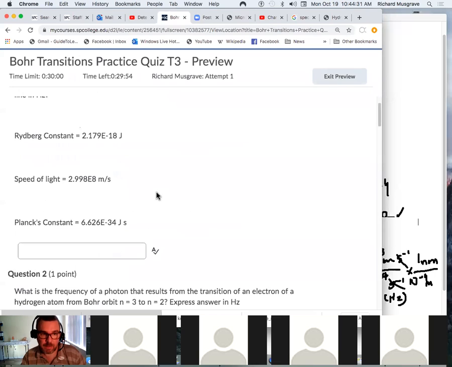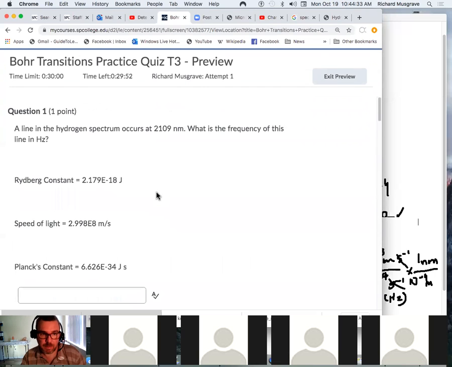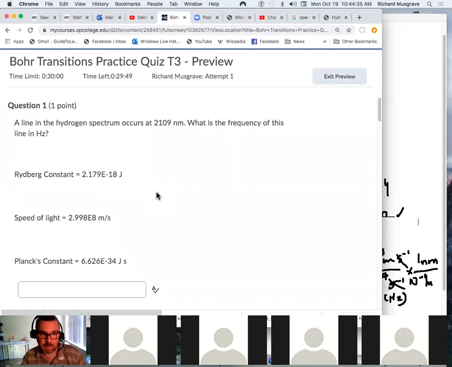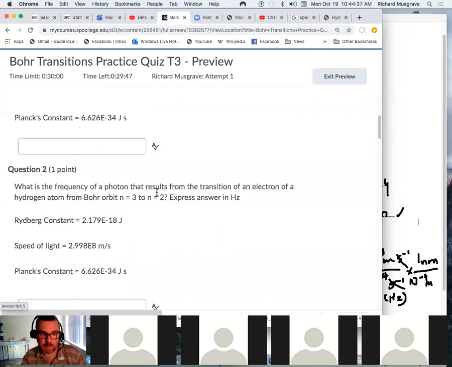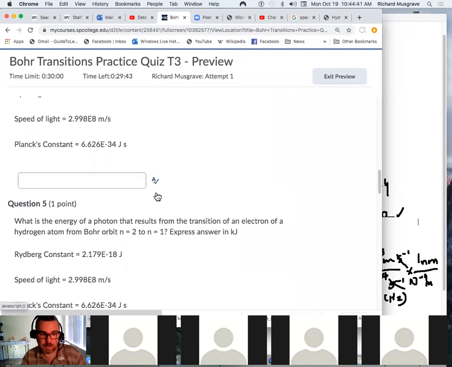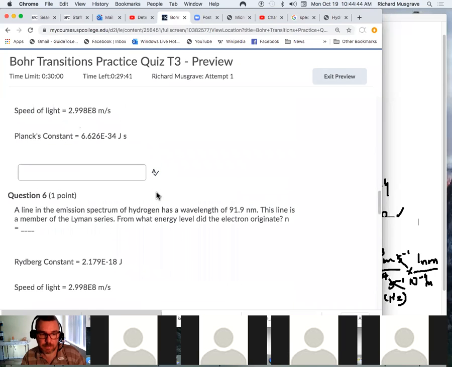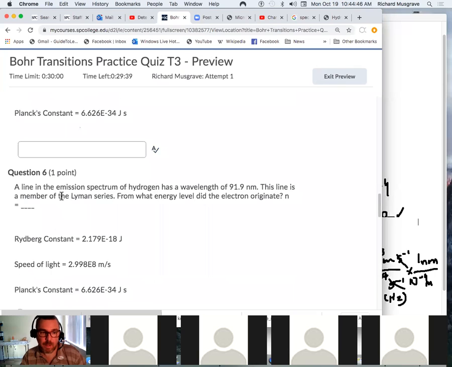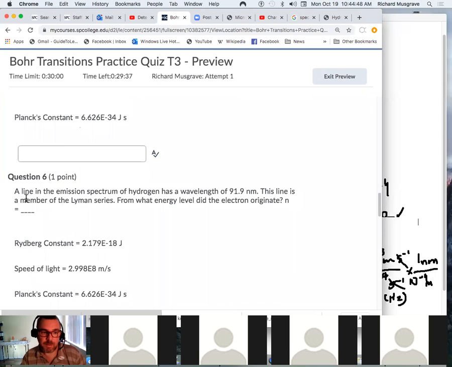So if you look at, let's see if I can find, this is the first one. Here we go. So this is the one that annoys people the most. A line in the emission spectrum of hydrogen has this wavelength. This line is a member of the Lyman series. That tells you that n equals 1.